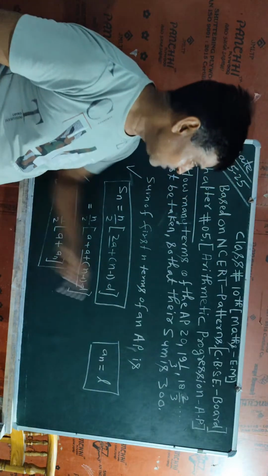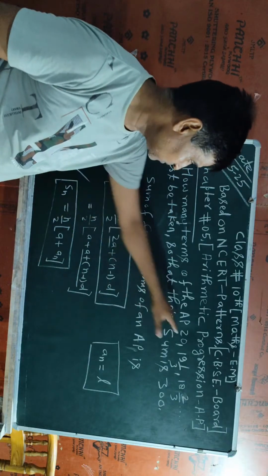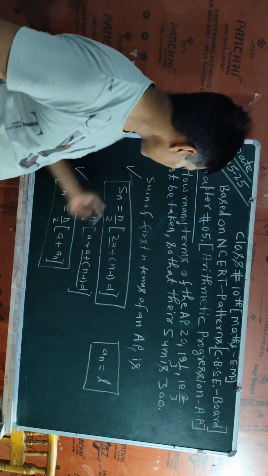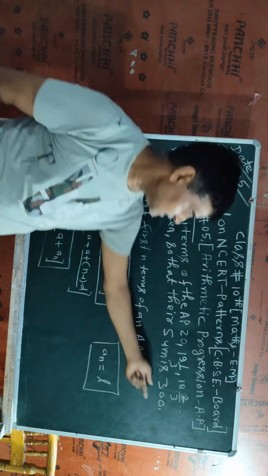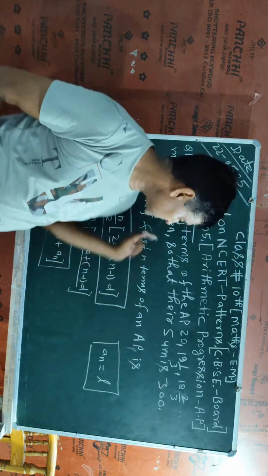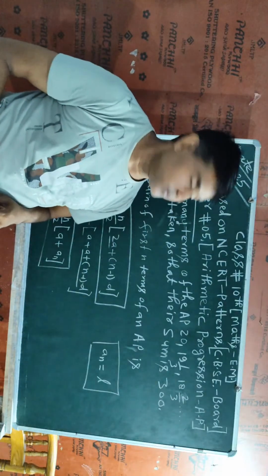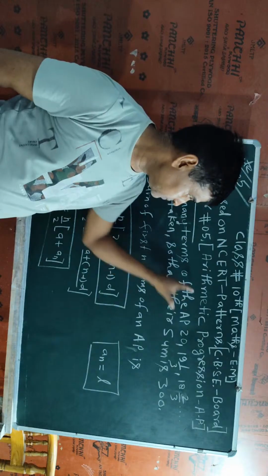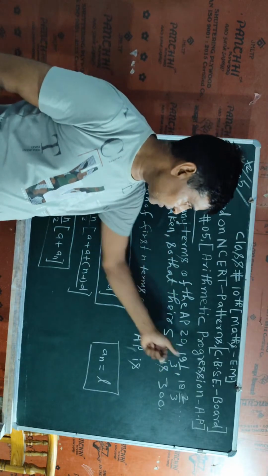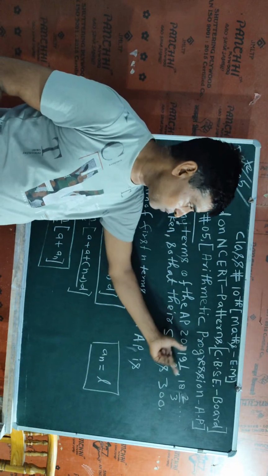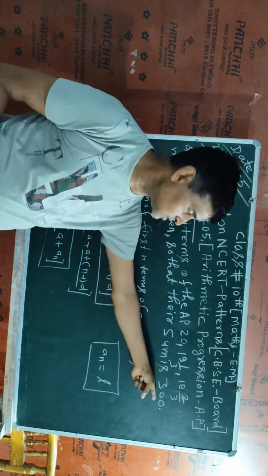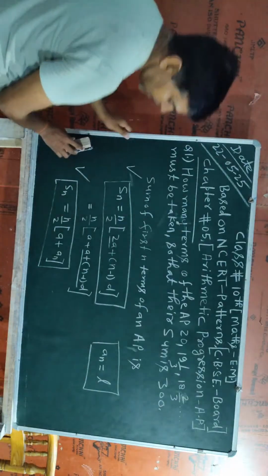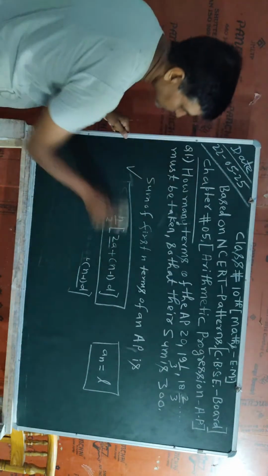So I will take the difference to get the common difference d, and also the value of a, and S(n) is given here as 300. After simplification I will get the value of n, which will be the number of terms, and the sum of all those terms will be 300. Okay, students. I will use this formula here and find the value.